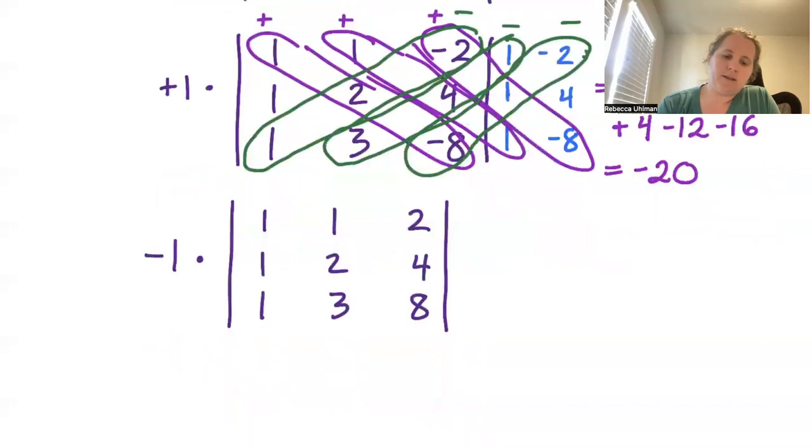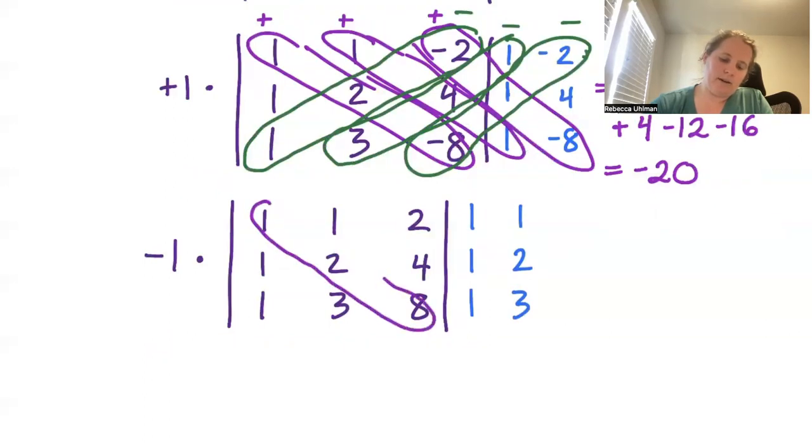And then the last one we need, again, copy the first two columns to the right. So we have 1, 1, 1 and 1, 2, 3 copied to the right. We are going to add the forward diagonals and subtract the backward diagonals.